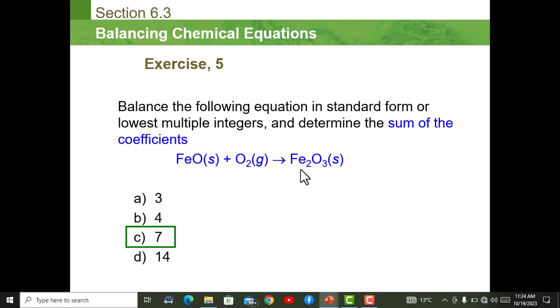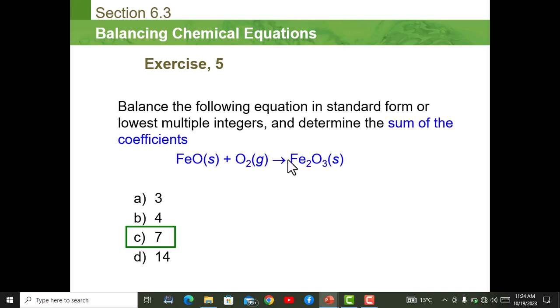I wish I had written this on paper, but that's fine. So let's put a 4 here so that we have a 4 here and 2 times 2, which is 4 there. Fe is balanced. But when I put a 4 here, I have 4 oxygen plus 2, which is 6. Now I have a 6 here. And when I have a 6 here, I can put a 2 there.